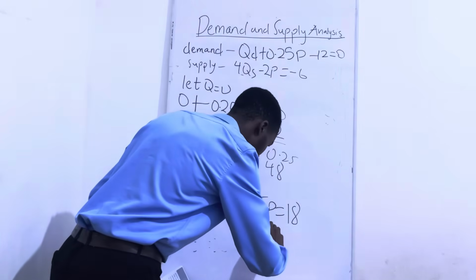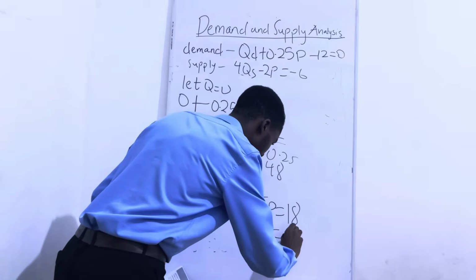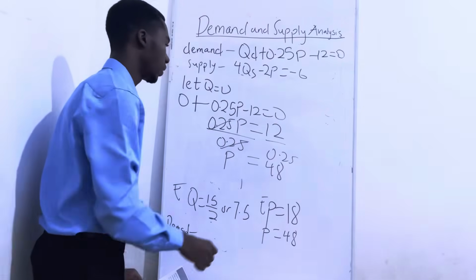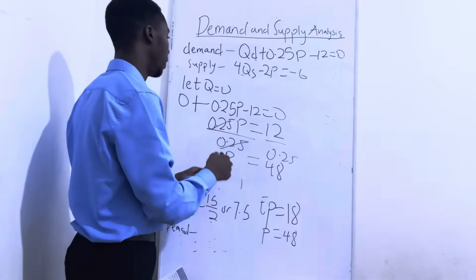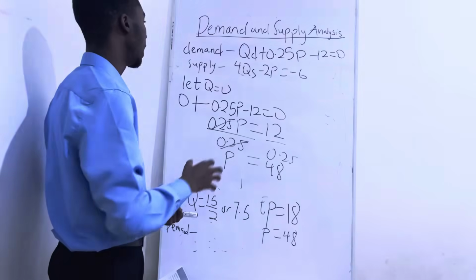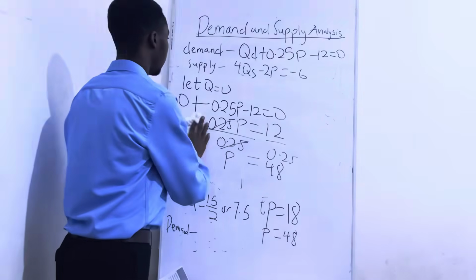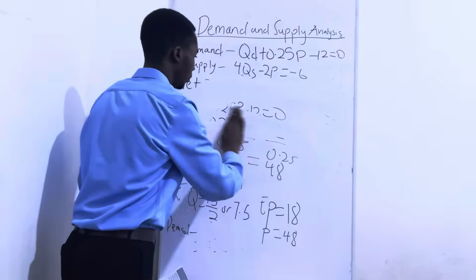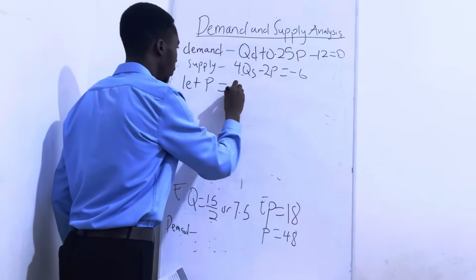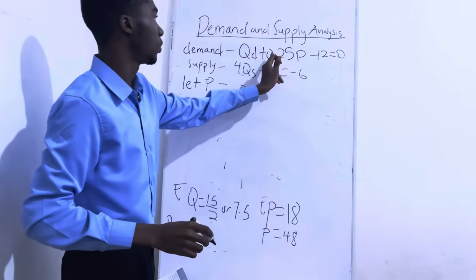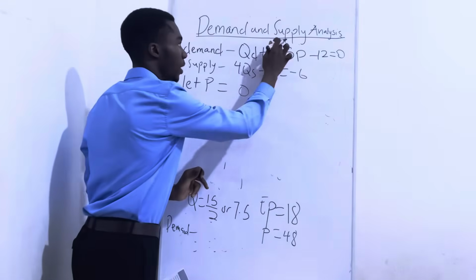Our P is equal to 48. So this is for the demand, where we made Q be equal to 0. Now we can also let P be equal to 0, so we find Q. When we let P be equal to 0, the 0.25 times P part is cancelled.